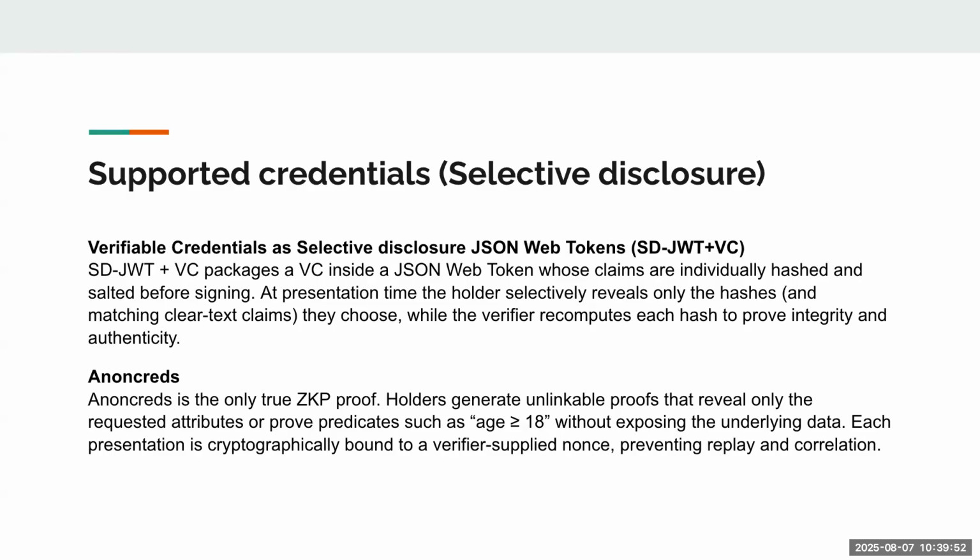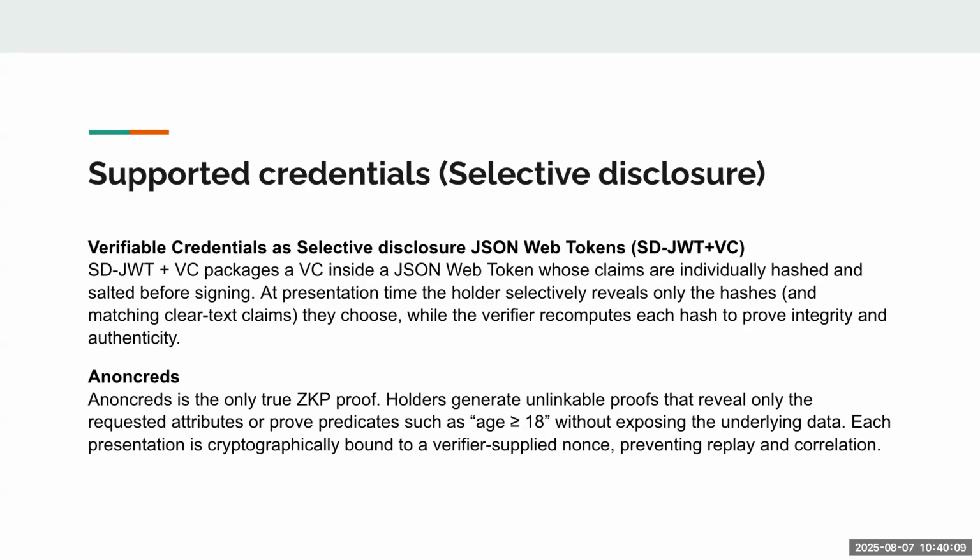You can think of it like your own ID as a card, and you black out every other piece of information but your birthday, and the verifier cannot know the other data, right?